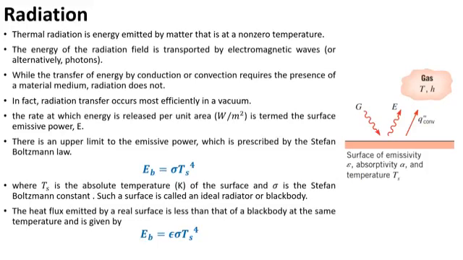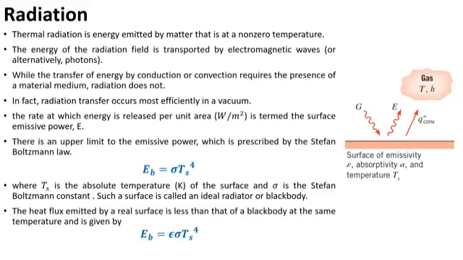That's why thermal radiation, or simply radiation, is the heat transfer mode that occurs without the requirement of material medium. The heat we receive from the sun at earth is due to radiation.